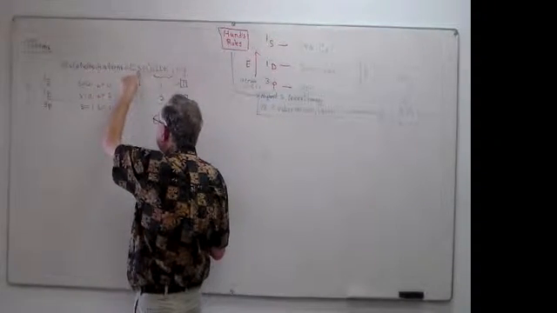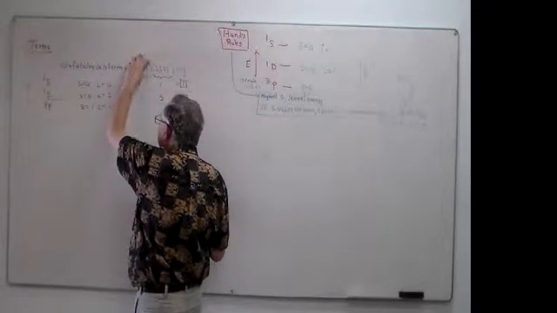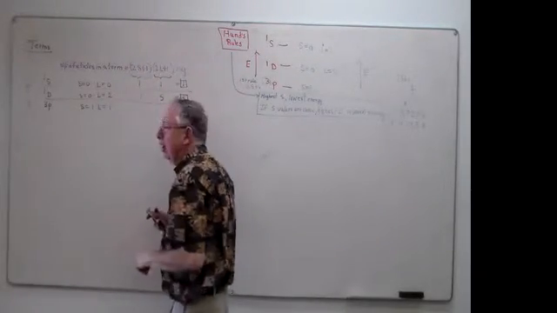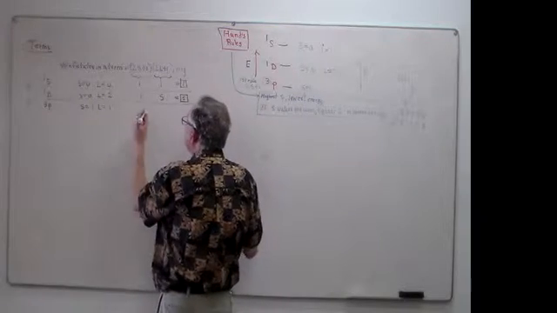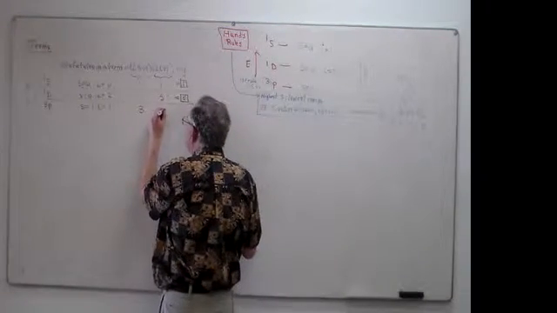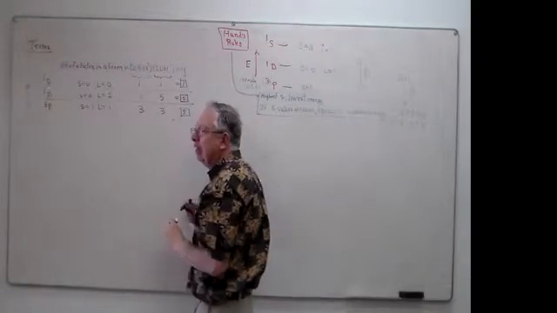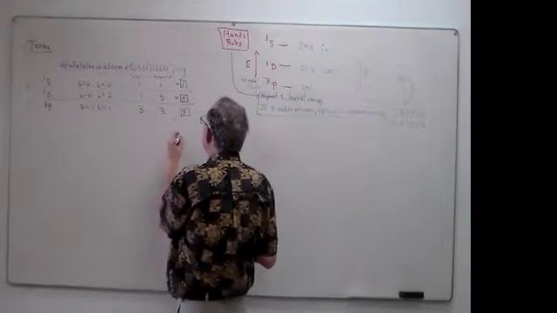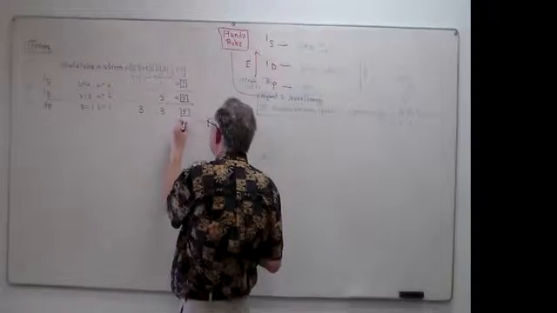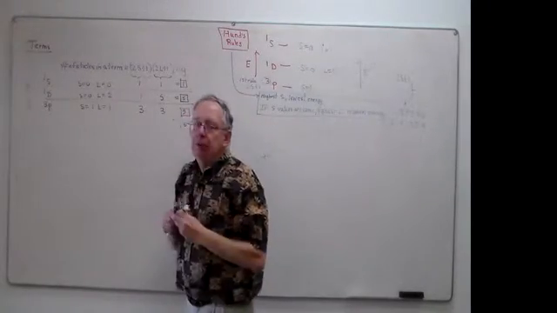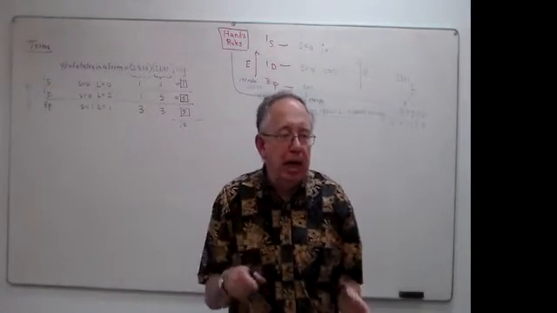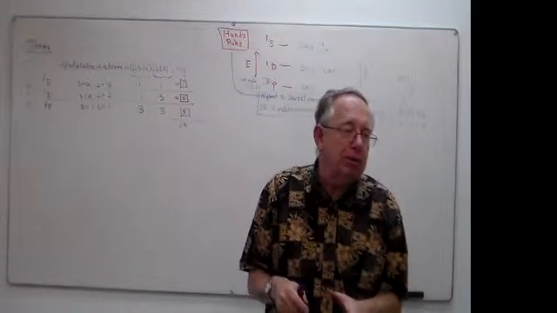So this would be 3. What about for L? Well, L is 1, so that turns out to be 3 times 3. Now, if you add those up, how many do you get? 9. Oh, 15. So the 15 microstates break up into 3 terms.